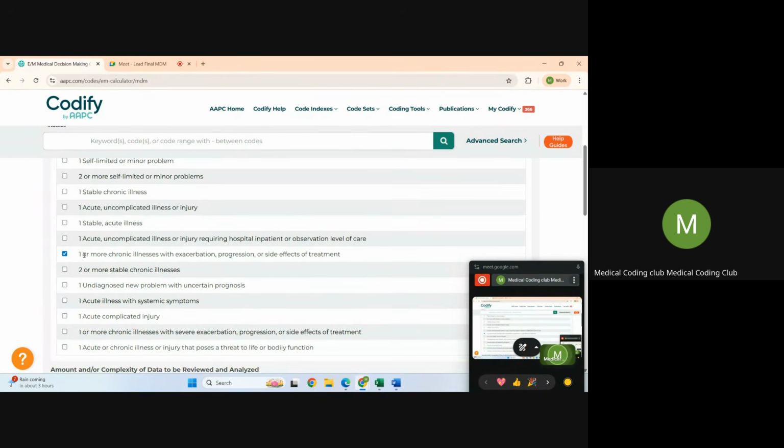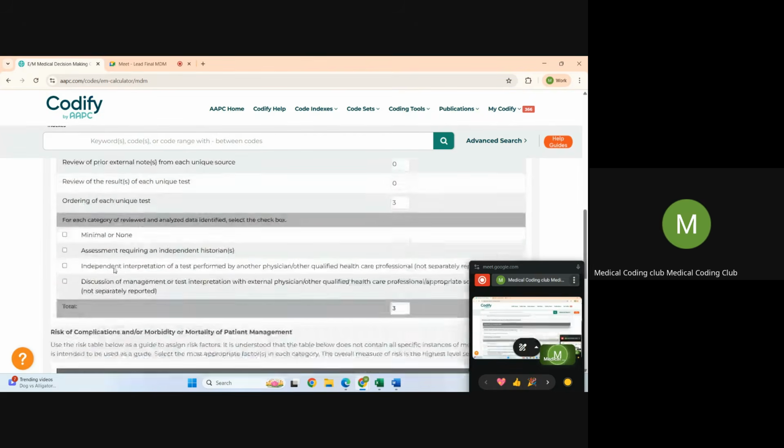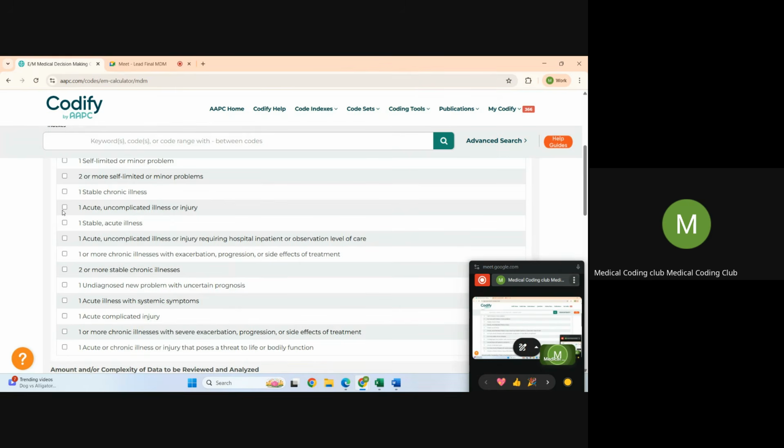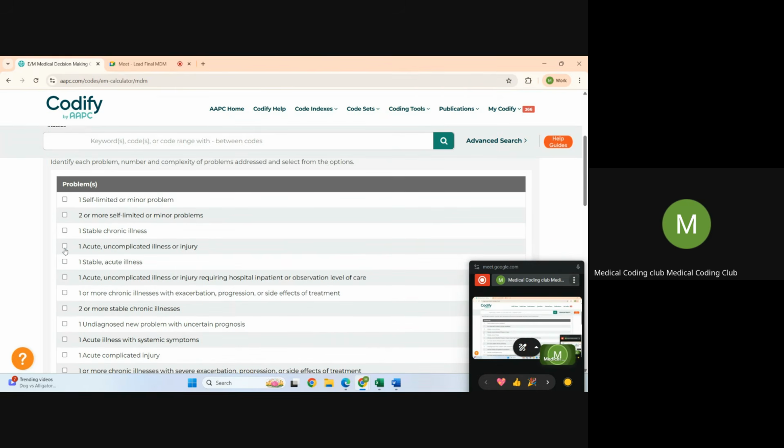if you want, for example, one more guideline example I'll try to give you. Assume all three, if you get all three in different levels, how to take it. It's easy, I'll give you an example. Let's consider our problem is one acute complicated illness.